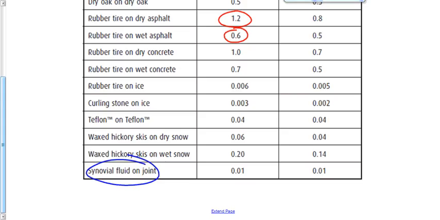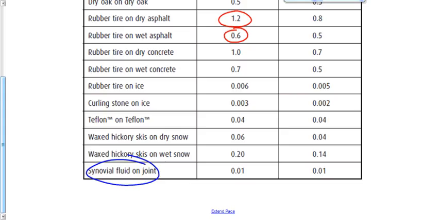Number one, it would be really painful. Number two, it would be noisy, squeak, squeak, squeak. Be annoying, right? Number three, it would make the use of your arm or leg or whatever joint very inefficient, because there would be so much friction and so much energy lost due to that friction.